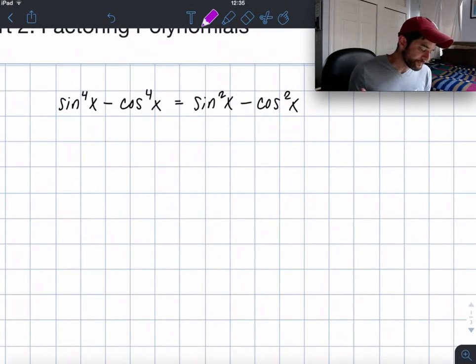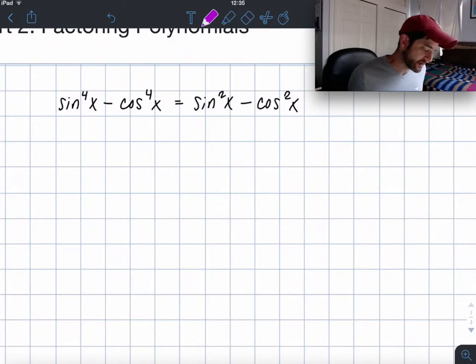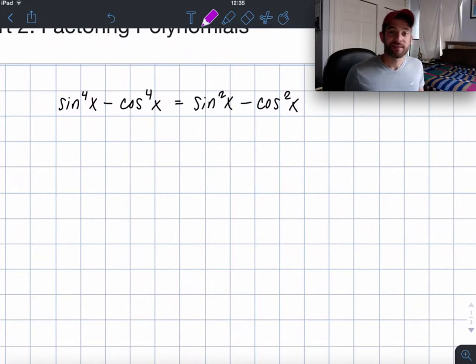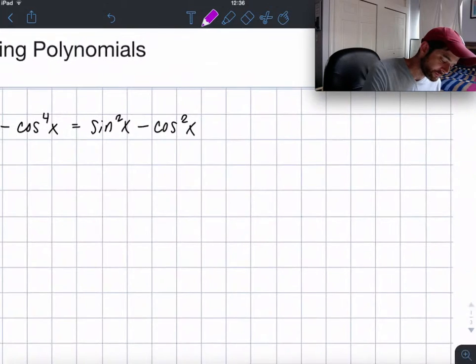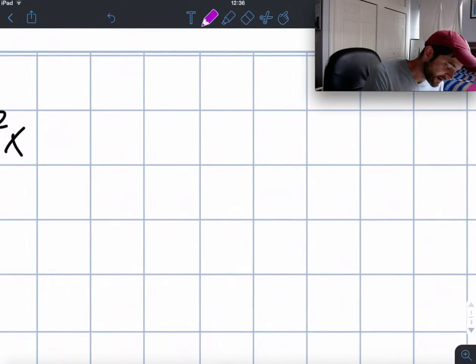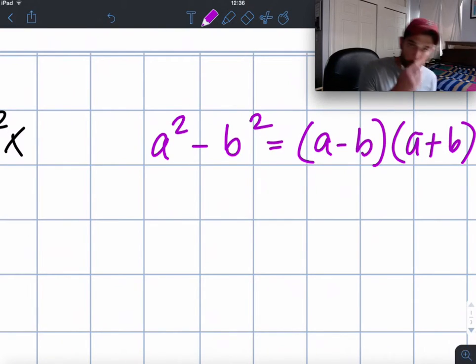So if we look at the left-hand side, I'm going to make the left-hand side look like the right-hand side. Usually you want to make the more complicated side look like the simpler side, and I guess squares are a little bit simpler than fourths. So on the surface this looks a little strange, but this is actually a difference of two perfect squares. And just a review, if I have a squared minus b squared, that equals a minus b times a plus b.